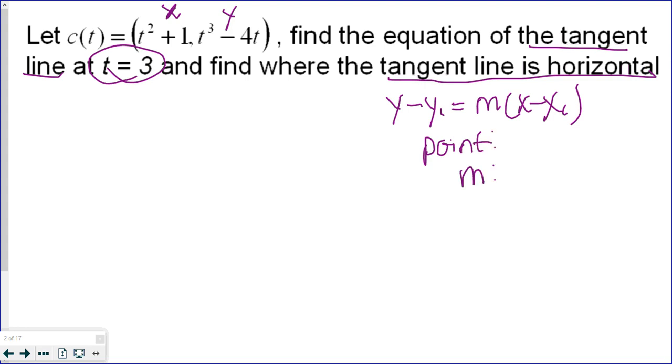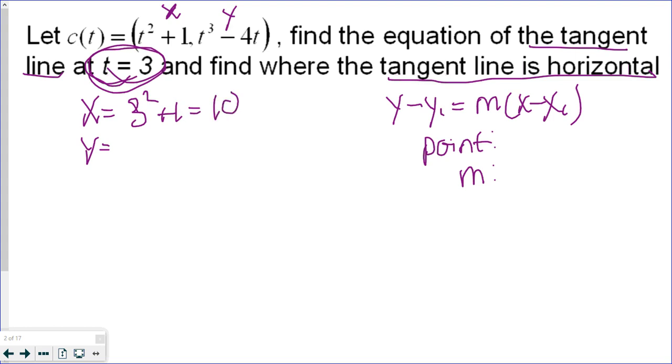Thankfully, with our parametric equation, we can find our x and y points pretty easily. We have an x equals equation and a y equals equation. That's the point of a parametric. And t equals 3 is going to tell us my position for x and for y. For x, instead of t squared plus 1, it's 3 squared plus 1, which is 10.